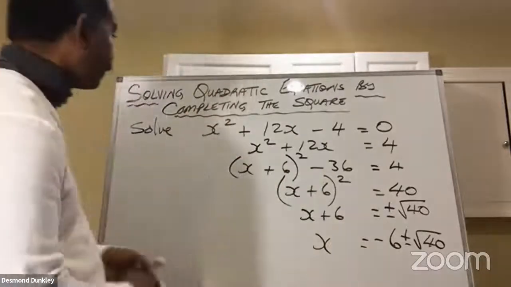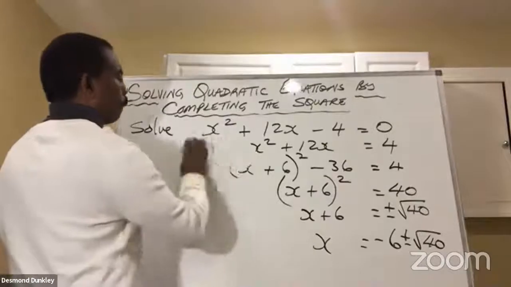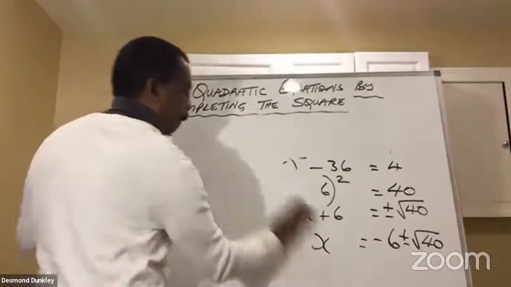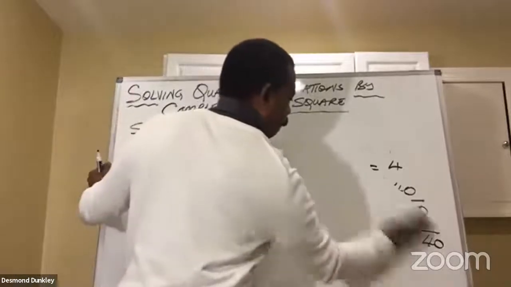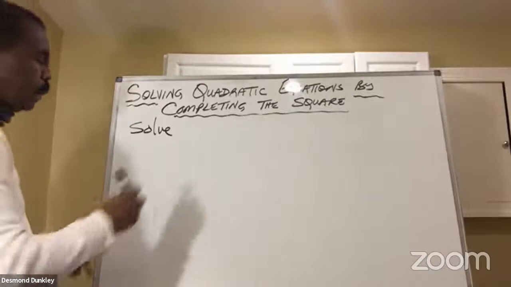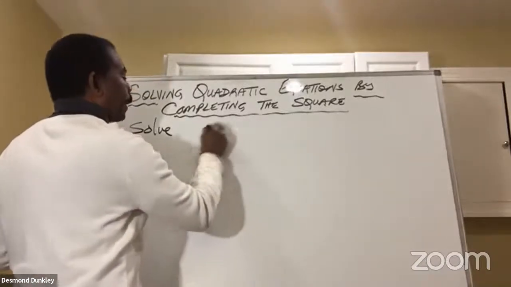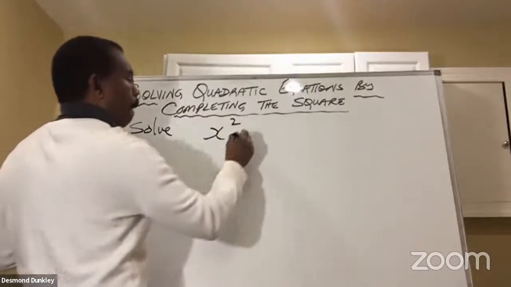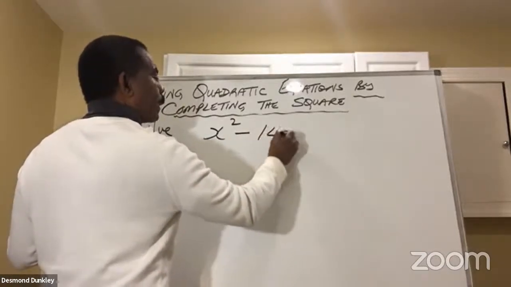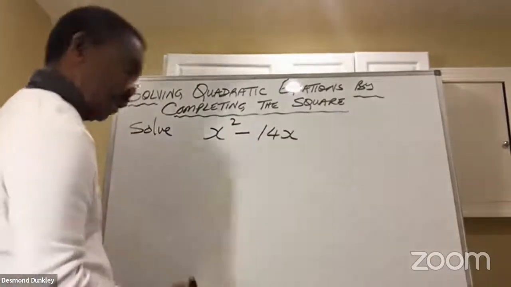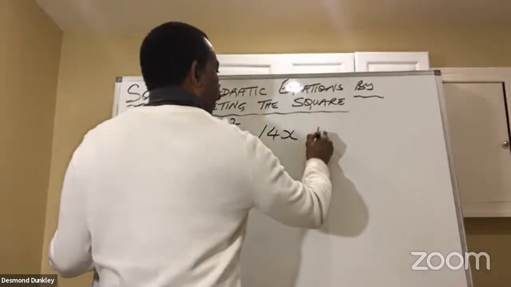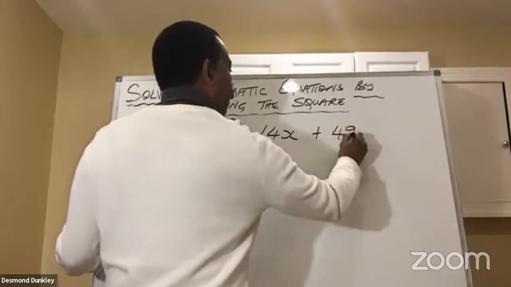Let's try another one. So, x squared minus 14x plus 49.